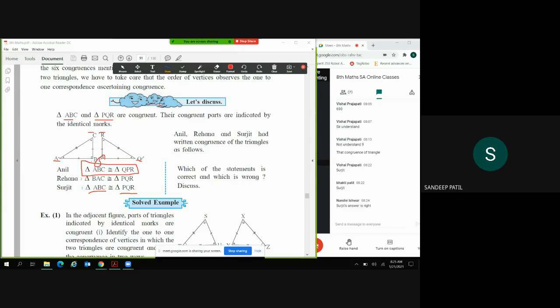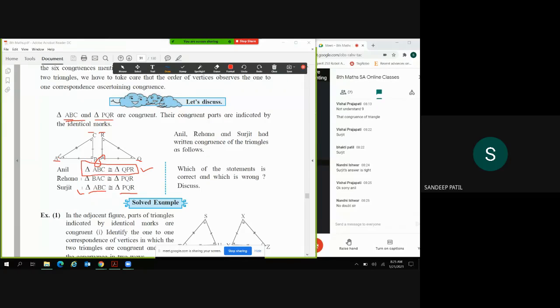Any doubt or any question you can ask me here? Yeah, you might have seen that, okay, ABC and PQR is given, so Surjit is right, but Anil is right.